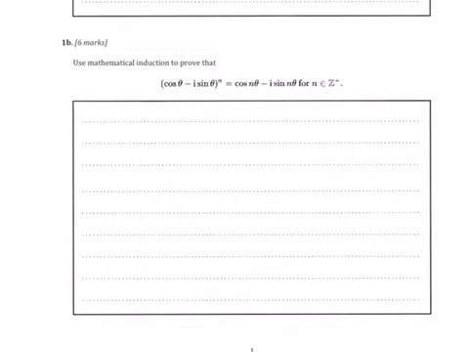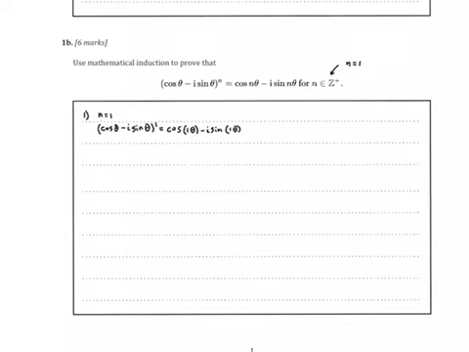All right, so in step 1, we use n in Z plus, so our first available n will be n equals 1. So we're going to prove that cosine theta minus i sine theta to the first is equal to cosine of 1 theta, because that's n, minus i sine of 1 theta.